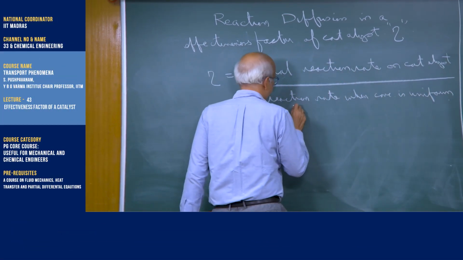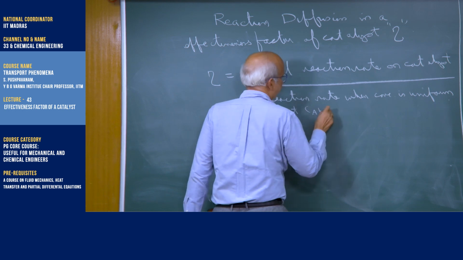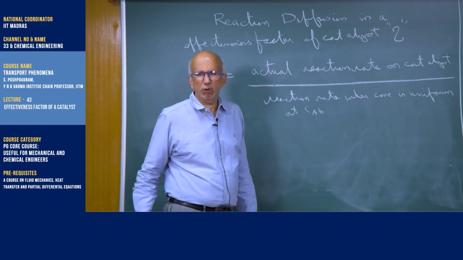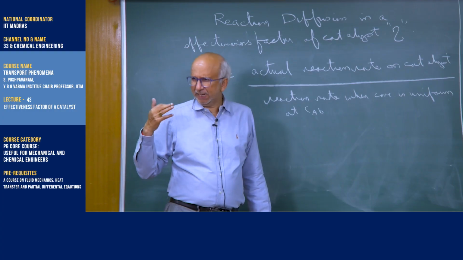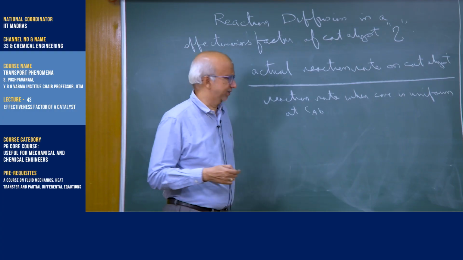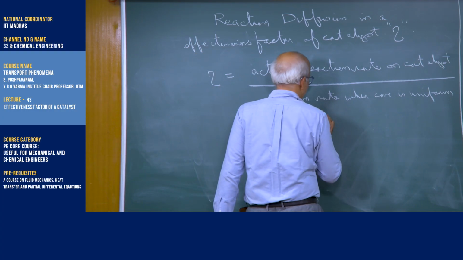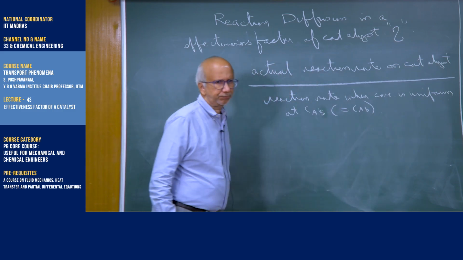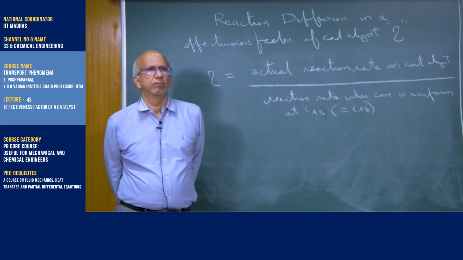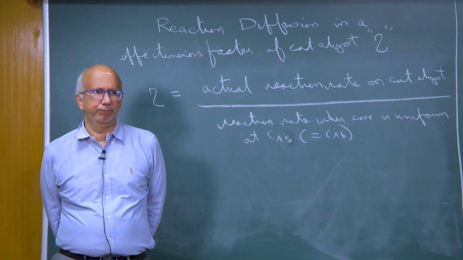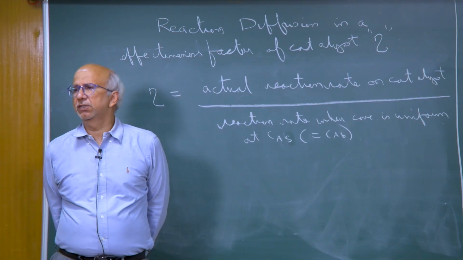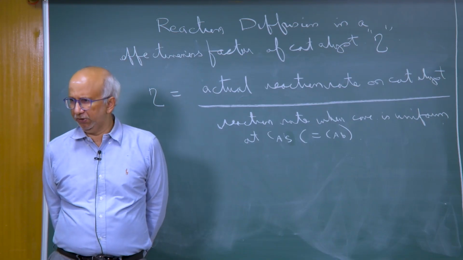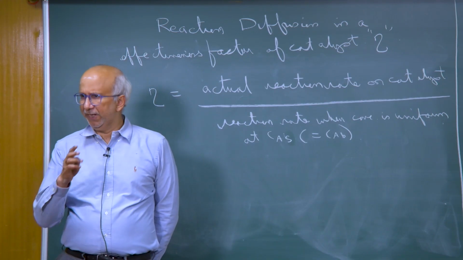at C A bulk. Actually, it should be C A S, which in this problem is equal to C A bulk. So if the diffusion is very fast, I will have C S everywhere inside.